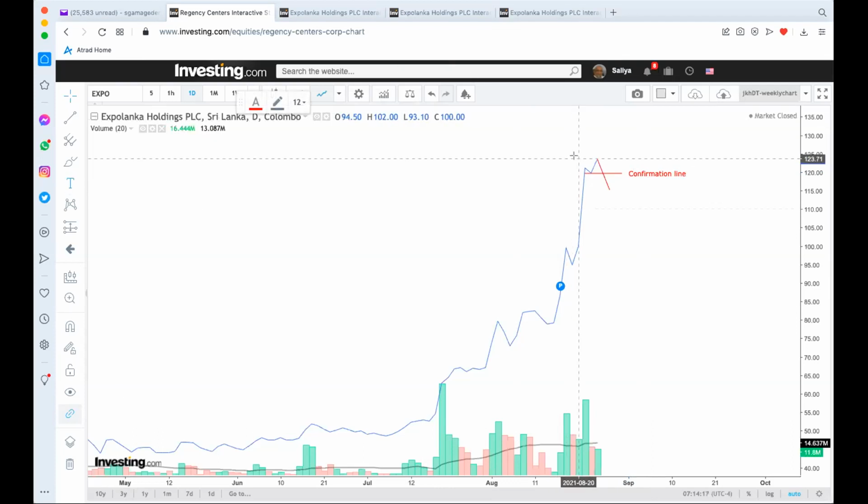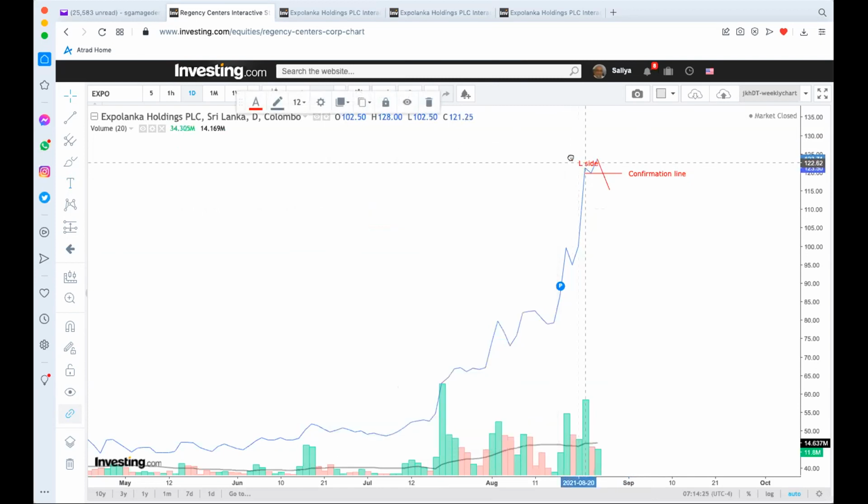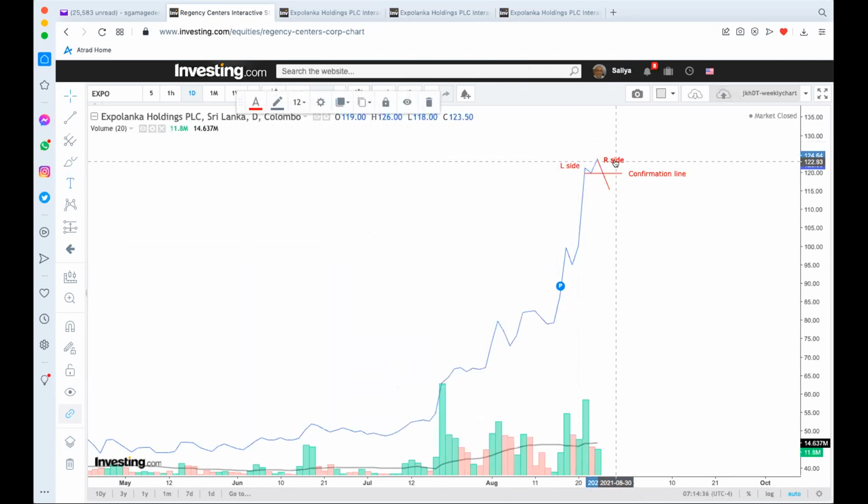This will be the left side. This is the right side. Okay.